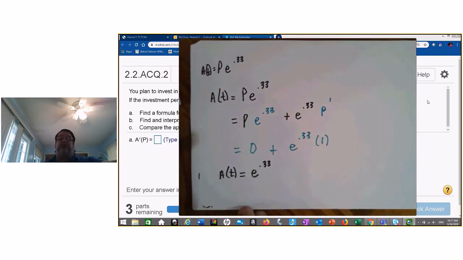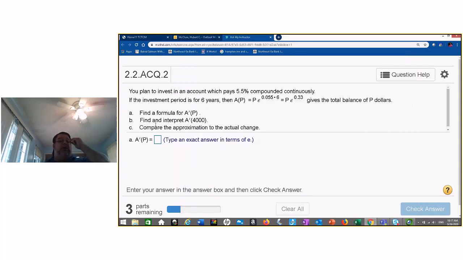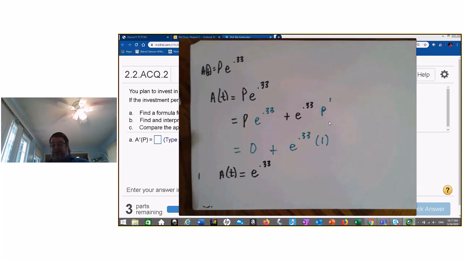Now the question states, find and interpret, plug in 4,000, and compare the approximation after 6 years. So somebody, I want y'all to plug it into the calculator. 4,000.